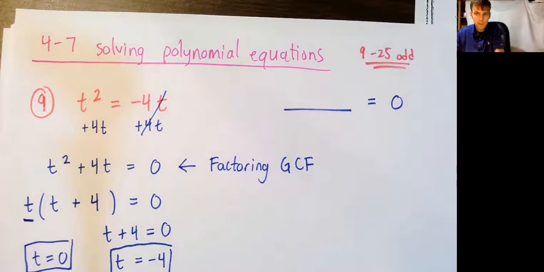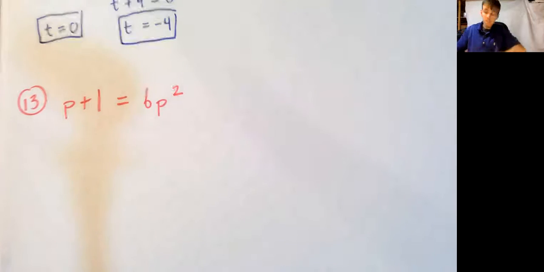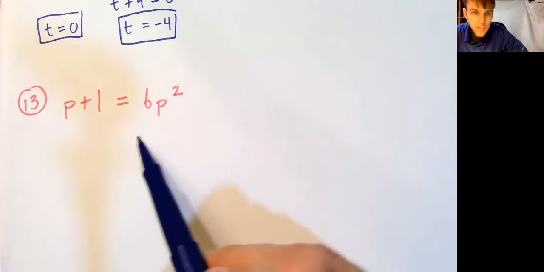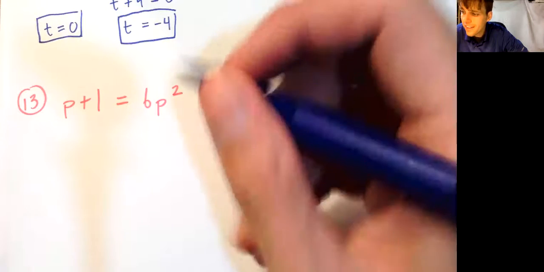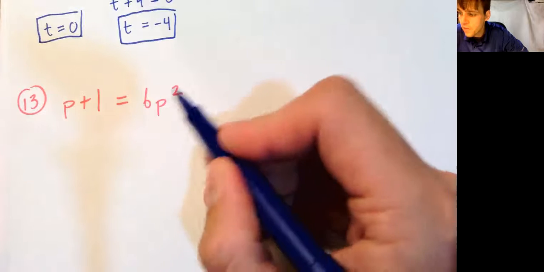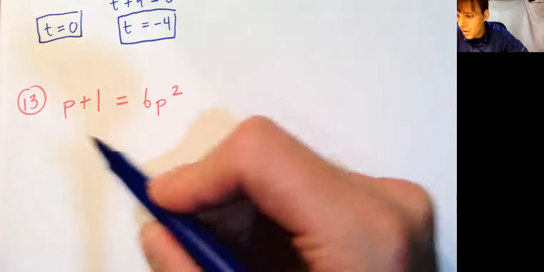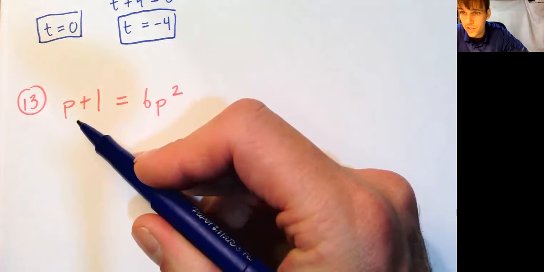Okay. Next one's going to be a little bit trickier. Looking at number 13. Here we have a few more terms. I guess one more term than the last time. Again, I want to make one side 0. I generally like to have the coefficient in front of my highest power to be positive. So if I move this over to this side, it will make it negative, and then I've got to do a little extra work to change the sign.